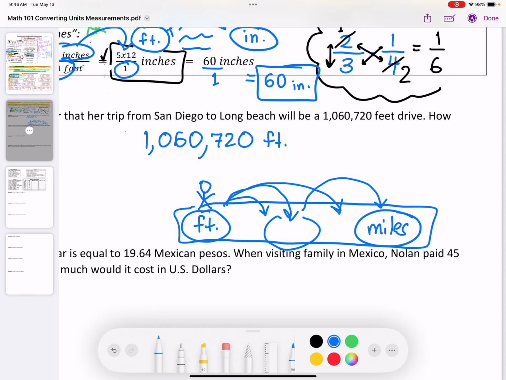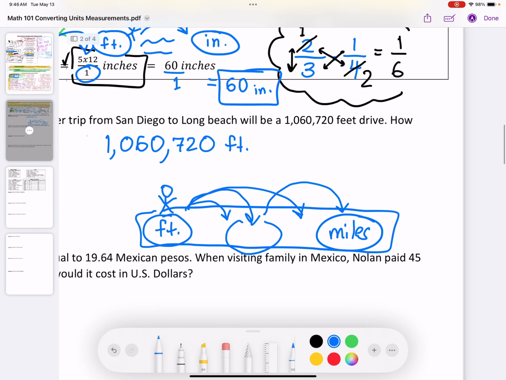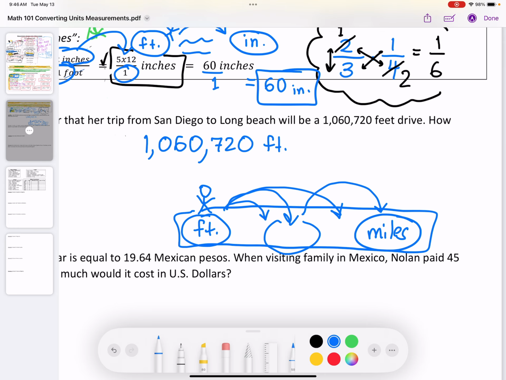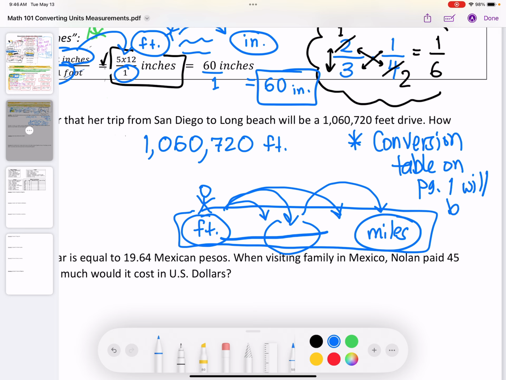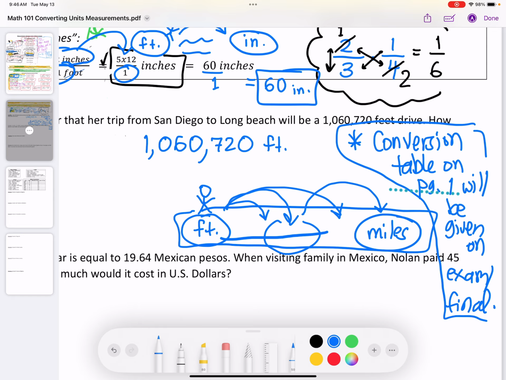I could get lucky. And I want you to know that you don't need to memorize the conversions. Don't memorize them, though you can if you want. The conversion table on page 1 of these notes will be given on any exam or final. That would be the first table.